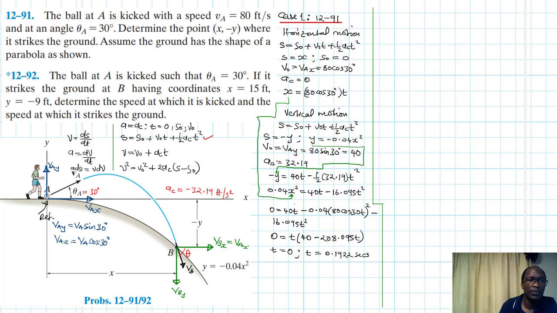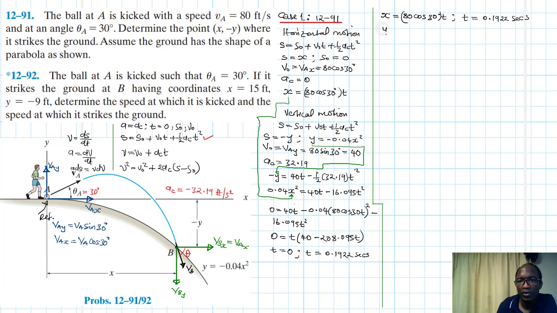Okay, so we are going to use this equation to find x. Our x is equal to 80 cos 30 t, and our t is equal to 0.1922 seconds.